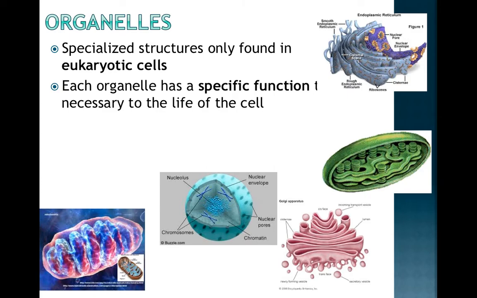Just like all of your organs have functions to help keep you alive, and all those functions are different. This ER is going to do something different than the Golgi, than the mitochondria, than the chloroplast, but they all work in proximity to each other. They all work very closely together to help keep you alive, and each job is important. No one job is more important than the other.